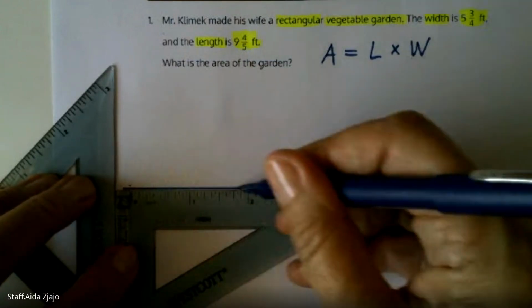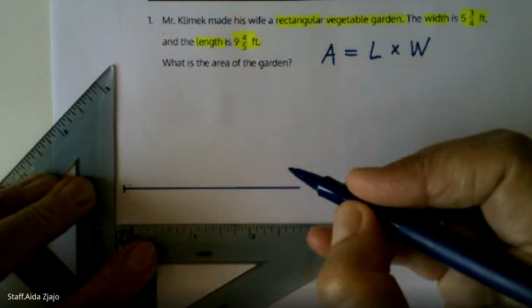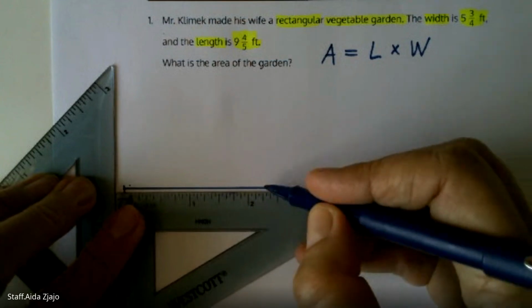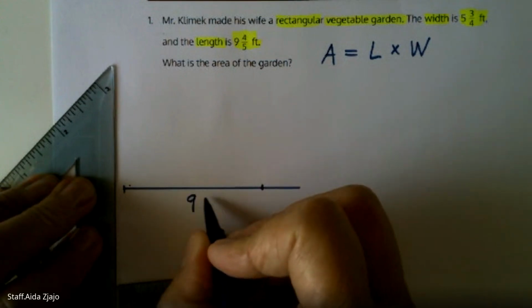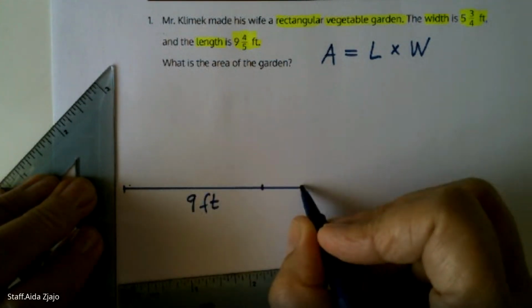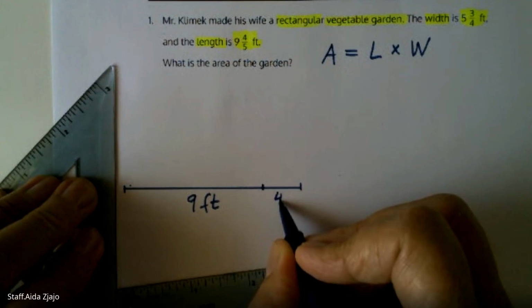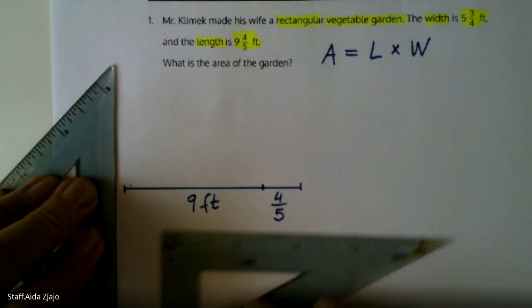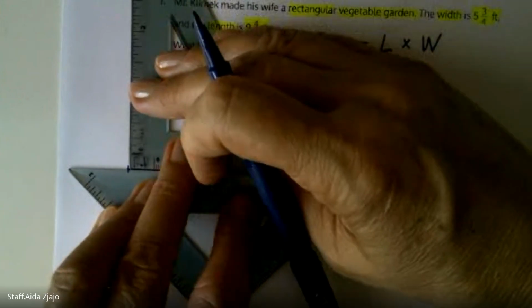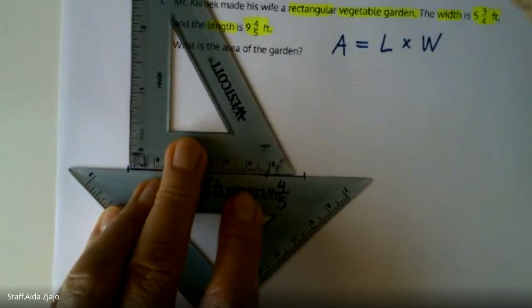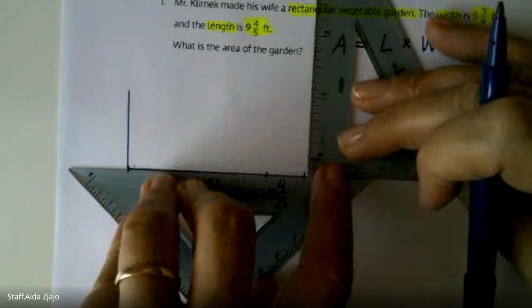If this line represents 9 feet, then this little part here will represent my 4/5. I'm going to create the other side of the garden like that.